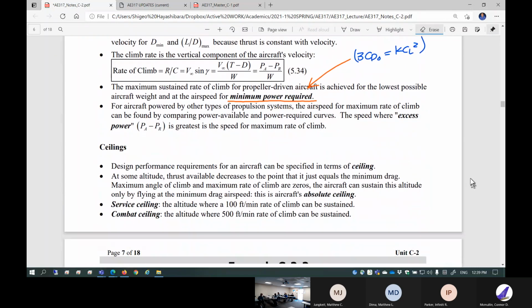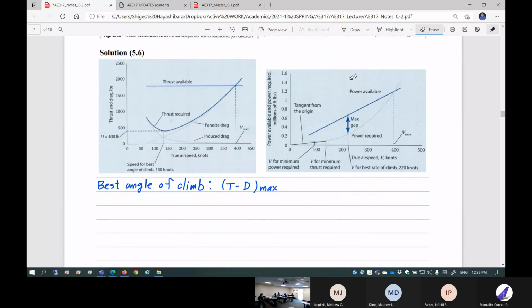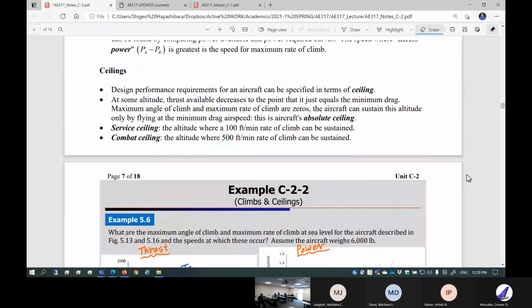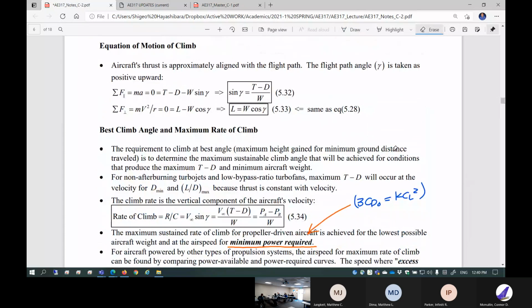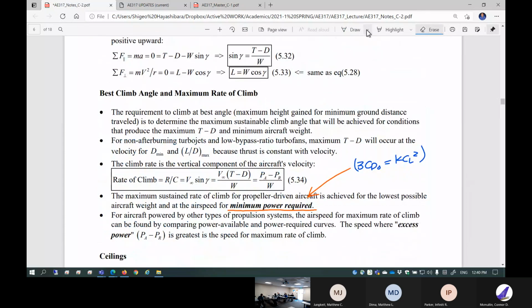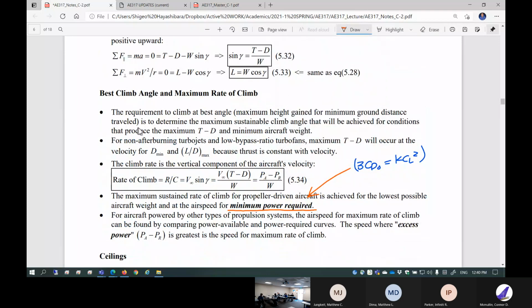So best angle of climb, right? Sorry, this is rate of climb. Best angle of climb, that's the rate of climb. I'm already confused. Sorry. So this is the maximum sustainable climb angle.